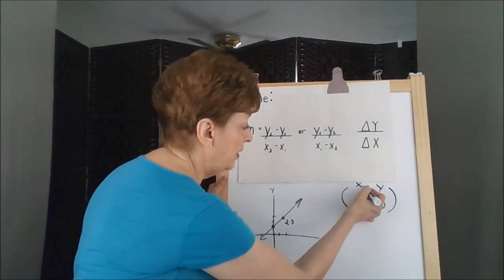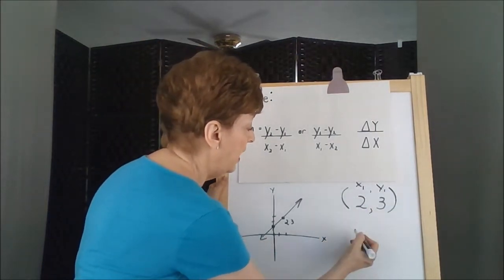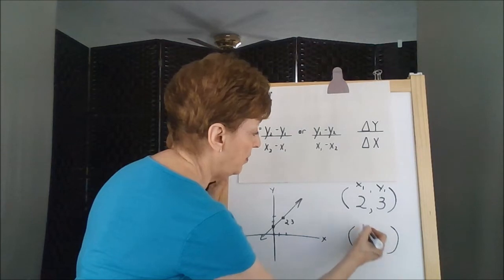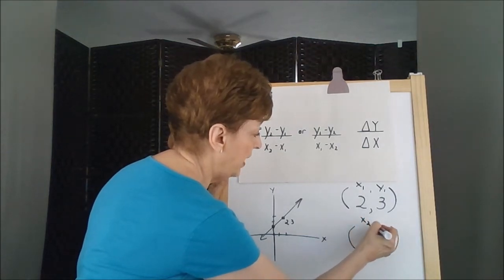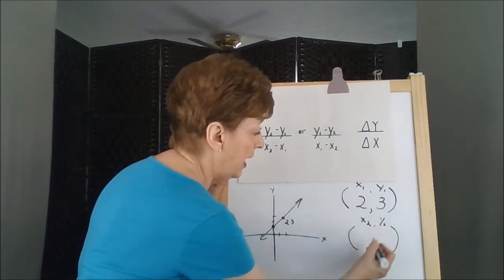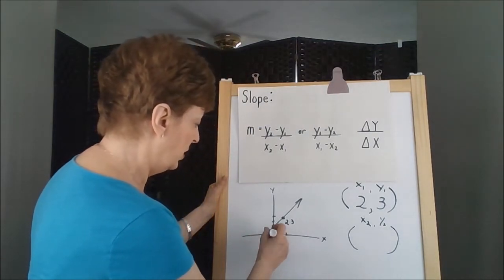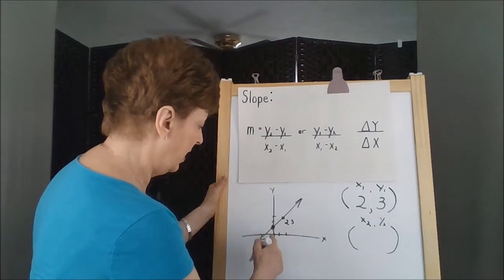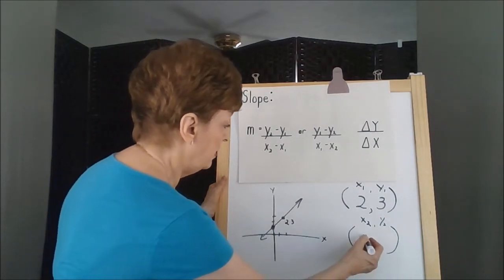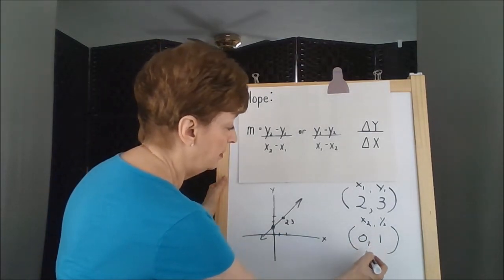So this we would consider our first point, and perhaps our second ordered pair would be x2 and y2. And maybe we're going to have that as, well, we'll use the one that we've got on our line already. Let's make it 0, 1.